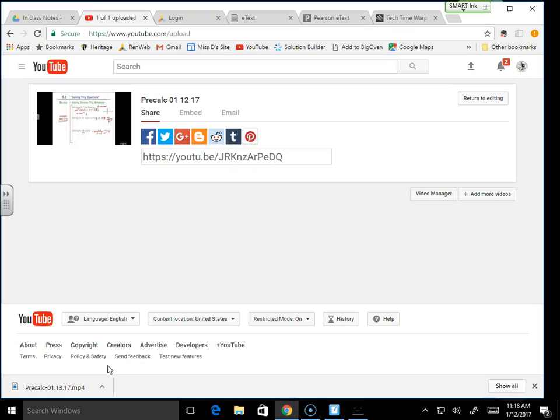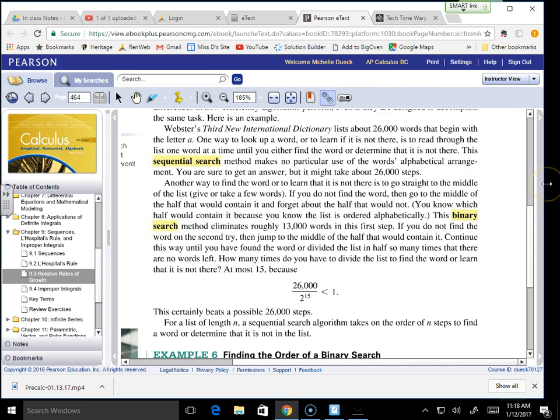Webster's Third New International Dictionary lists about 26,000 words that begin with the letter A. Here we go. Count them. There it is. One way to look up a word, say on Google, define colon, or you're asking Siri, what is the definition of?